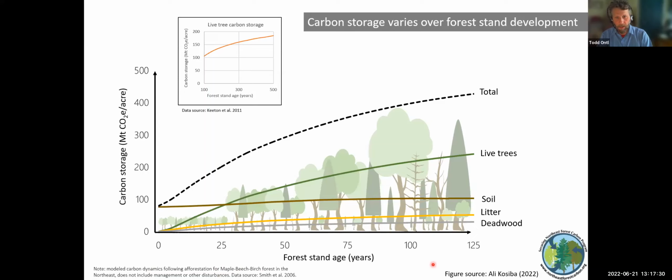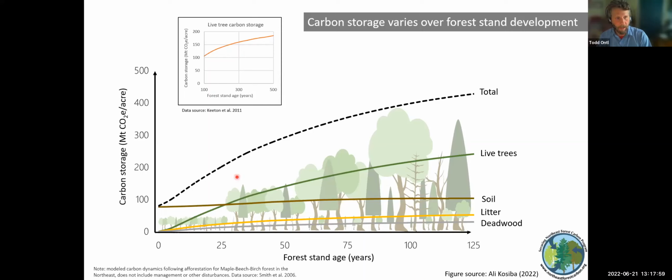And you can see that at young forest stand age, say between 0 and 25 years, most of the carbon is in the soil, but that over time, carbon in those live trees grows very quickly. And really the change in total carbon kind of tracks the change in the live trees. So tree growth is really driving that change.